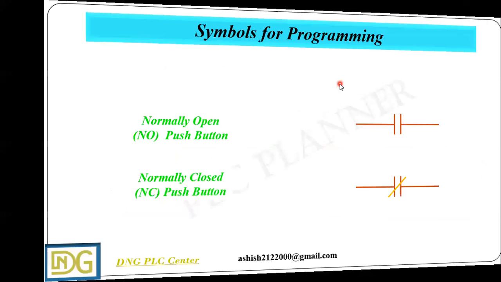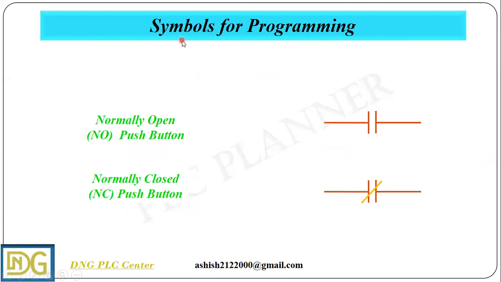The symbols for programming are different, and the same symbols do not work in programming. In programming, we use this type of symbol for a normally open push button, and a normally closed push button is represented by these symbols, known as XIC instruction and XIO instruction.